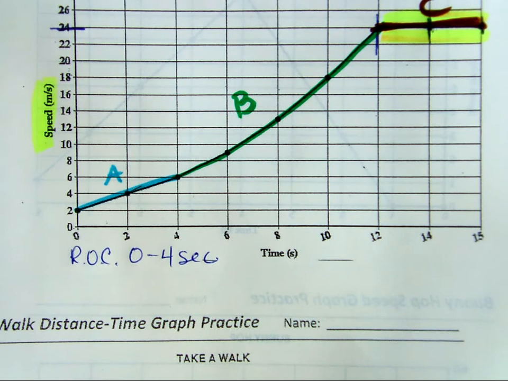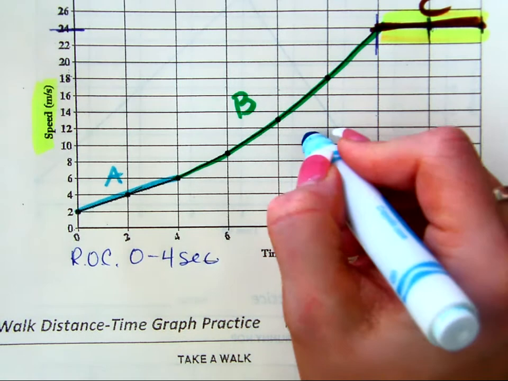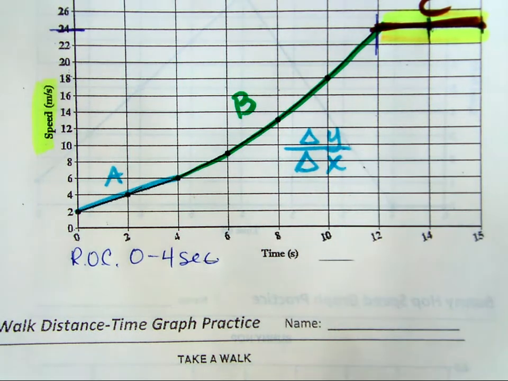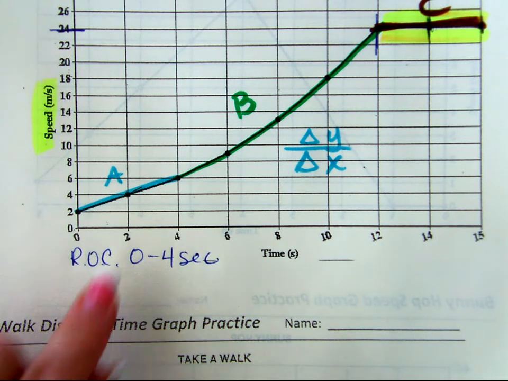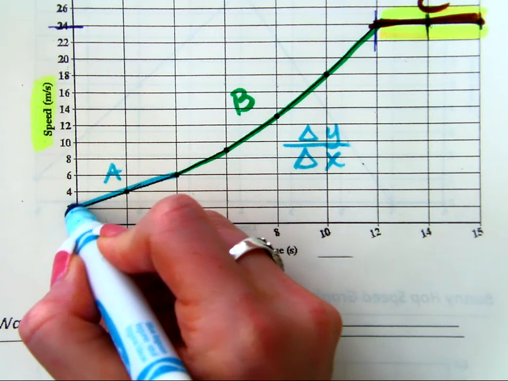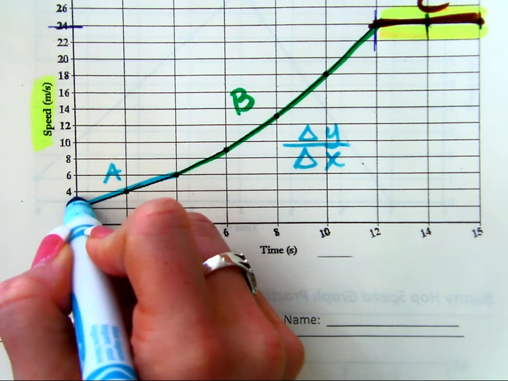So this is new. So please watch. If you do have highlighters or different colors, it might be a little helpful. So we know that the rate of change is the change in your y value divided by the change in your x, right? So the change in my y, I'm going to pick a point, and I'm just going to pick from 2, and I'm going to go up to 4.